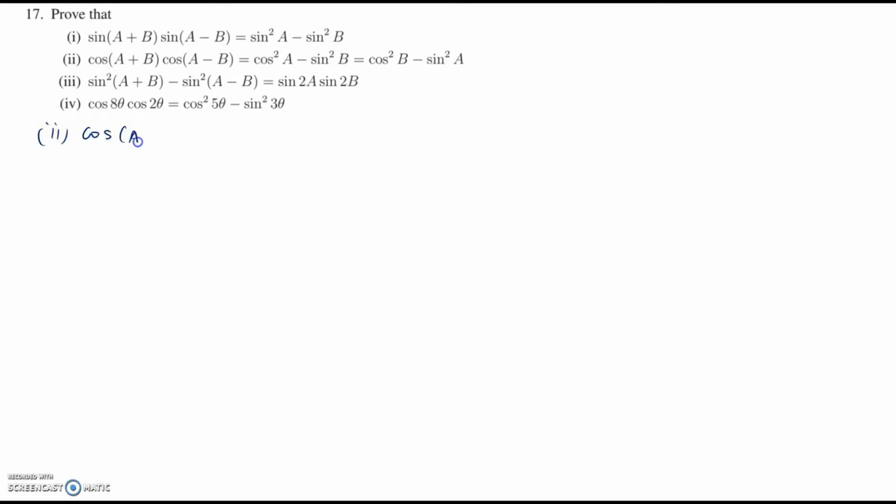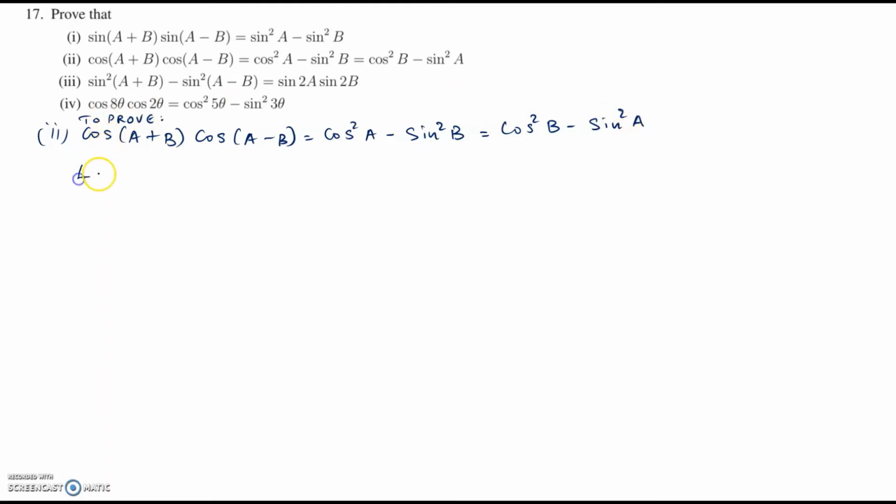Cos(a+b) into cos(a-b), this is to prove, is equal to cos squared a minus sin squared b, and it's also equal to cos squared b minus sin squared a. So let's take the left hand side.